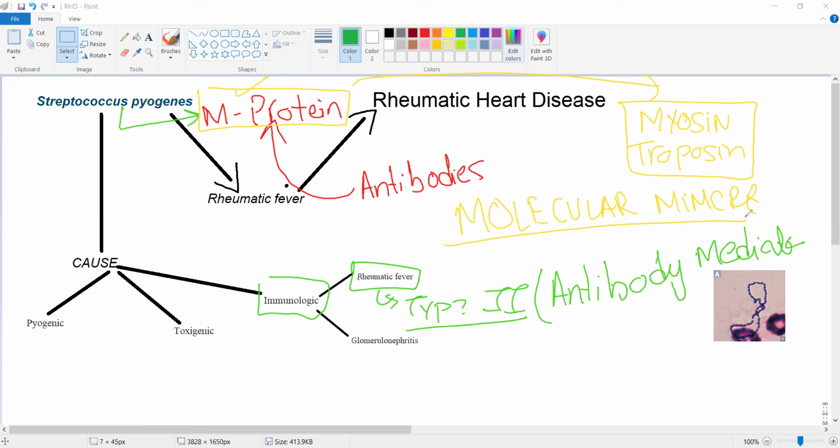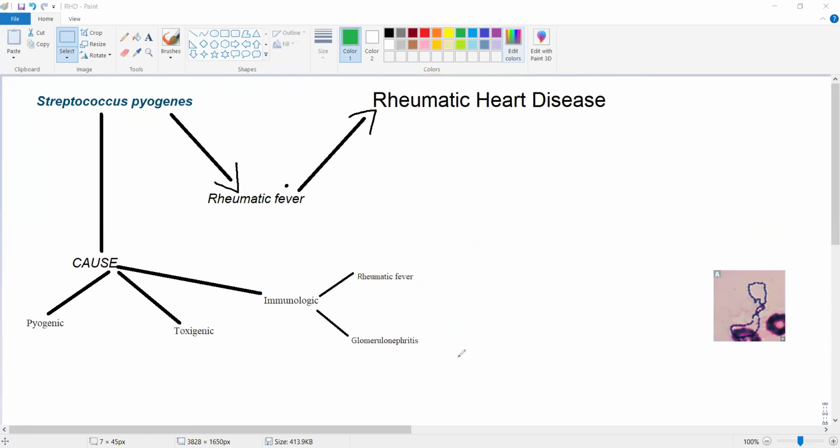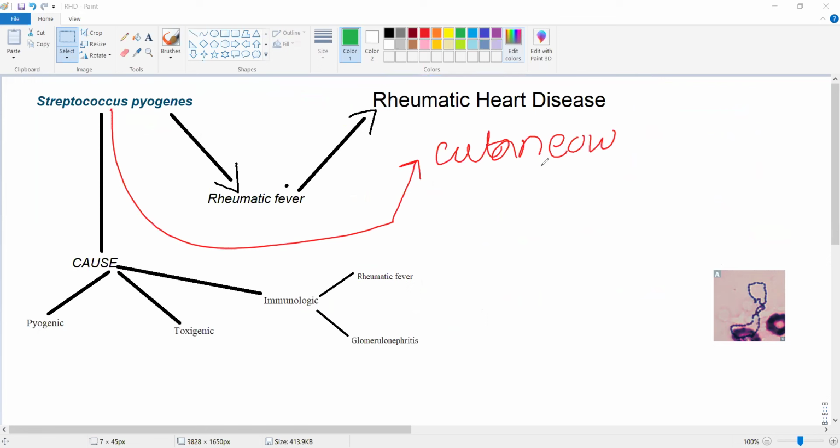Rheumatic heart disease is a consequence of pharyngitis. Streptococcus pyogenes may lead to cutaneous infections as well as pharyngitis.